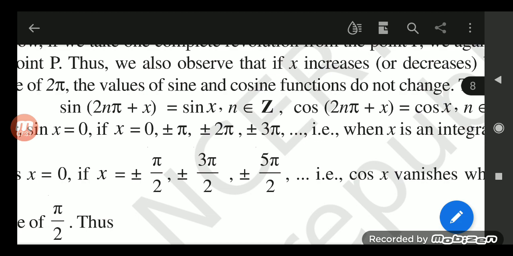Let's say the number of rotations is 3. So 3 times 360 degrees plus x, and the sine of that. Let's say 360 degrees times 3 plus x equals y. So sin y will be equal to sin x. But how? We don't know yet. Let's find out, right?